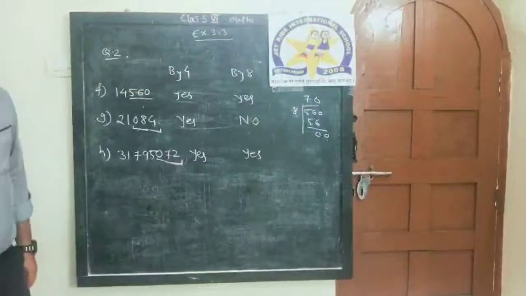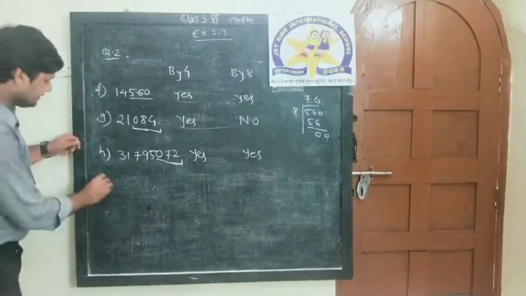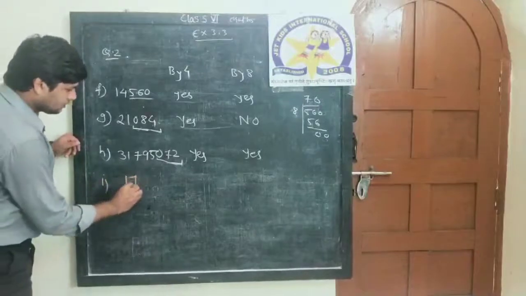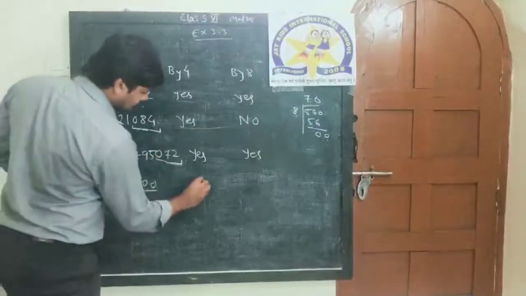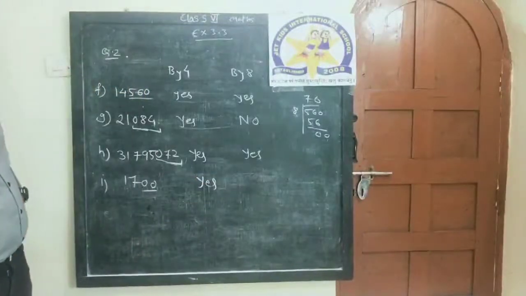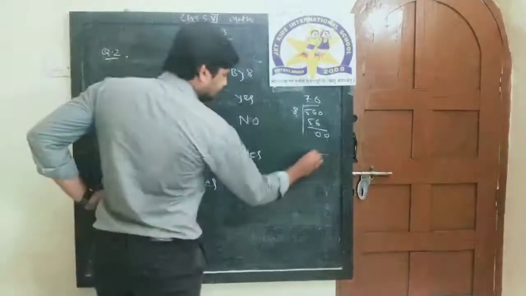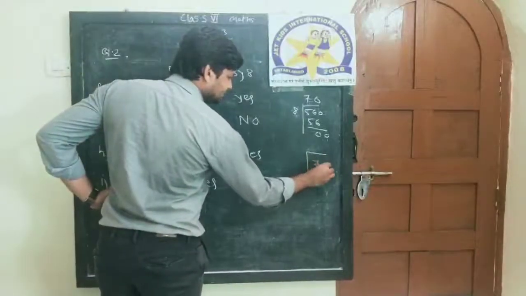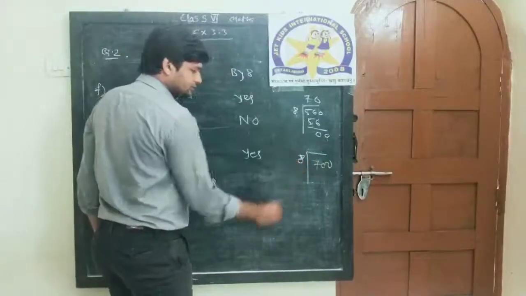Yes. Now, next is I. That is 1700. First 2 digits are 0. Directly write yes. Why? Because we already did it. Now, 700. Is 700 divisible by 8? No, I don't think so.